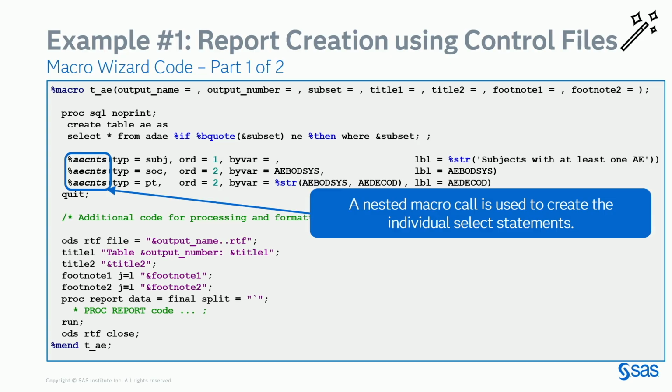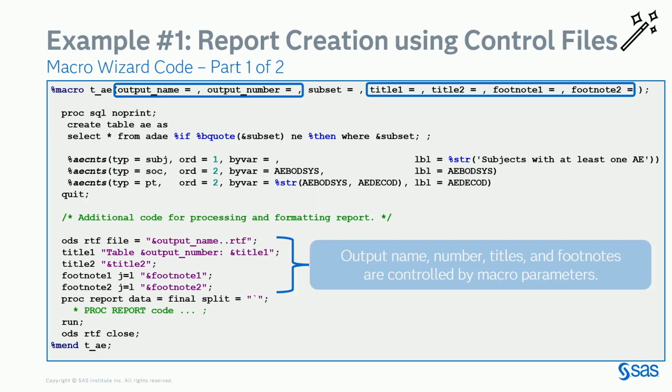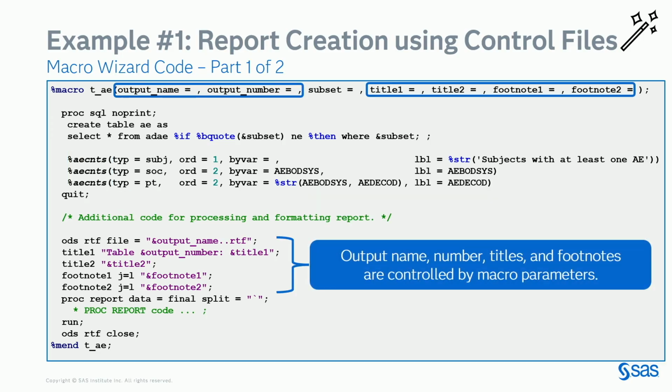So we can use the macro language to generate those elements individually, and then those go into our bigger macro. And then down here at the bottom, we still have our title and footnote statements, which are simply using those parameter values that we passed in, and then we call proc report, and we get our output.